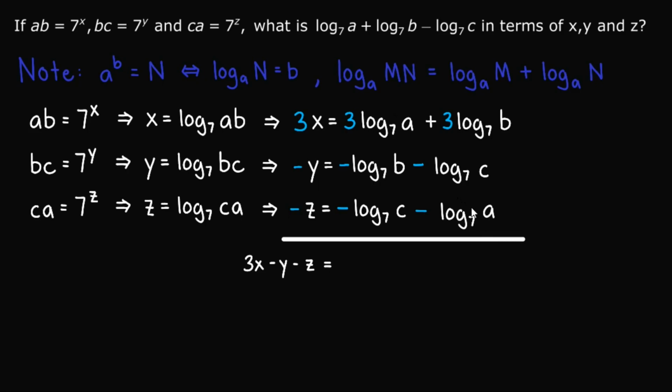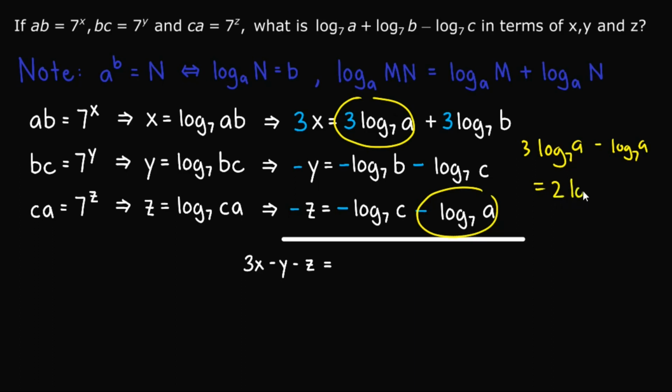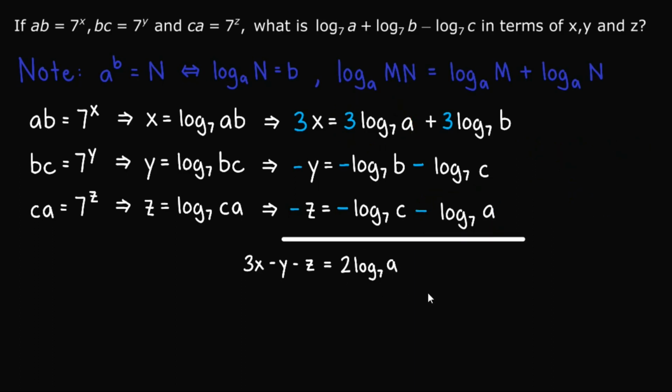And for the right side, starting with the log of a to the base 7, let's focus on this one. So we have 3 log of a to the base 7 minus log of a to the base 7. So subtracting this 2, we'll have 2 log of a to the base 7. For b, similar to a, focus on this and this.